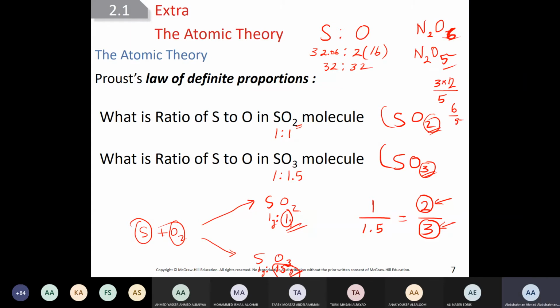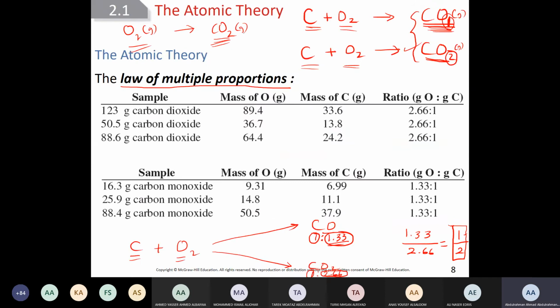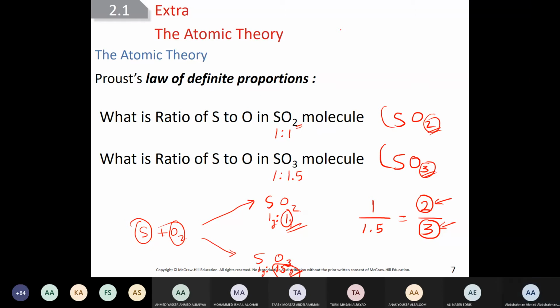Is it clear? I have a question. Can you repeat that one more time? I will repeat it, no problem. Let's erase something. If I have two compounds, I will give you another example.